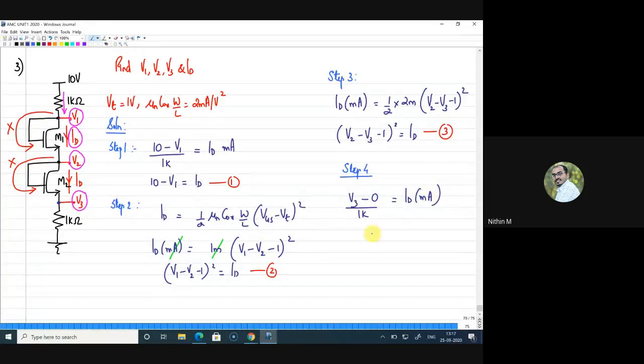So I get a new equation here, V3 equal to ID. This will be your fourth equation. Now we have 4 equations and 4 unknowns. You can find out the values for each by solving. I am leaving that to you guys. You can try it and let me know the answers.